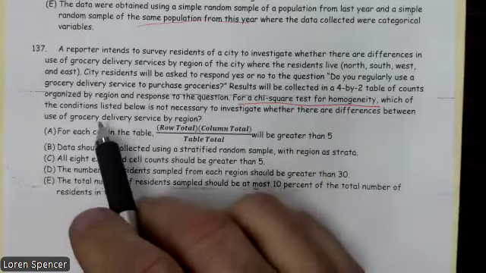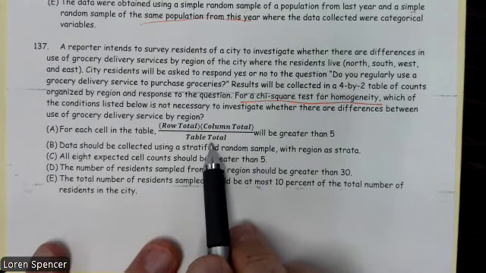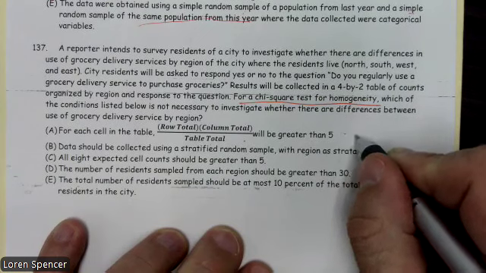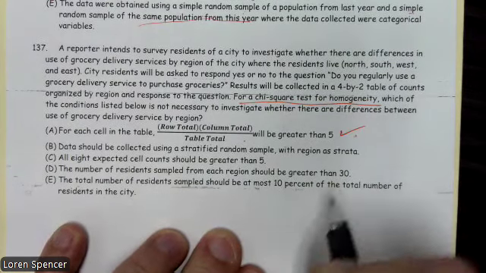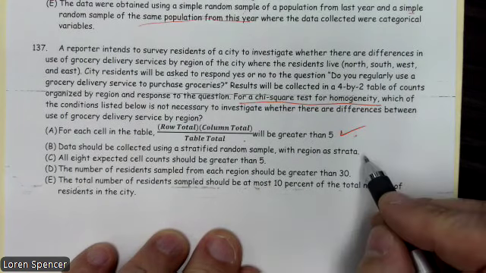Which of the conditions listed below is not necessary to investigate whether there are differences in use of grocery service by region? Row total times column total over total will have to be greater than 5. That's just saying the expected counts have to be greater than 5. Got to have that. Data should be collected using a stratified random sample with region as the strata.